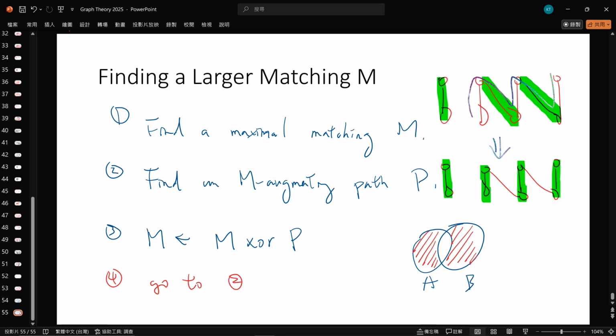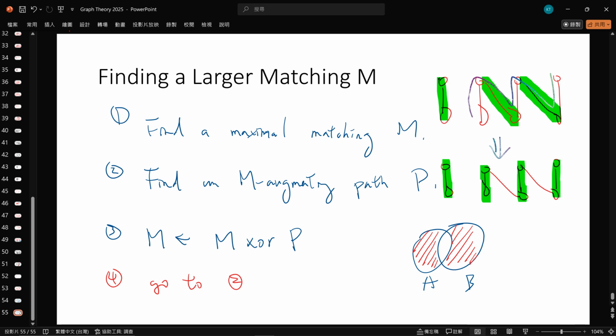So this is the basic structure of this maximum matching algorithm. But there are some problems behind this algorithm. First of all, is it possible that we have a matching M, and this matching M is not maximum, but we cannot find an M augmenting path?